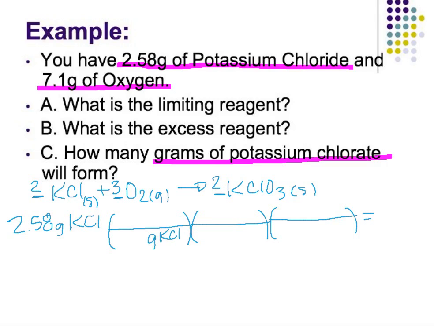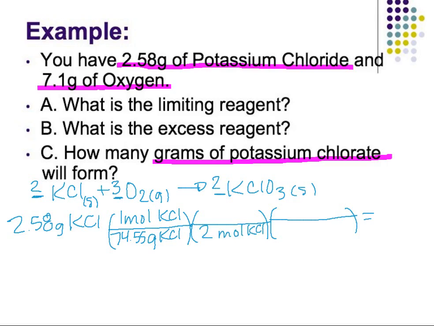Grams of KCl to 1 mole of KCl. Adding up potassium and chlorine from the periodic table gives us 74.55 grams.